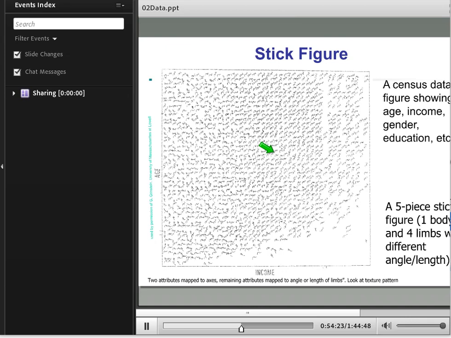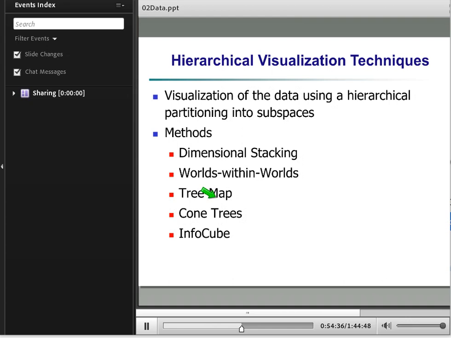So a chain of faces or stick figures or something like that can be used to give me a visualization of data. I can use them wherever.